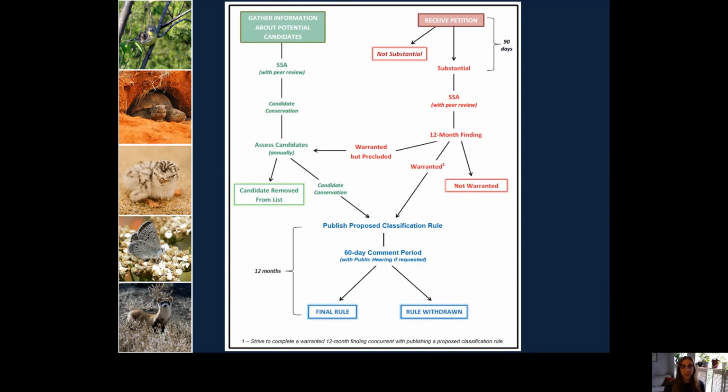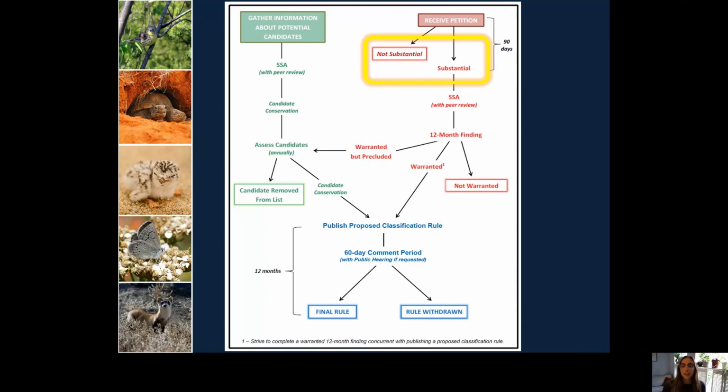And this diagram depicts the listing process and how the species status assessment workflow we just saw fits into this larger listing process. There are two processes we can follow to list a species: a discretionary status review or receipt of a petition. Most listing decisions are made as a result of receiving a petition to list a species.